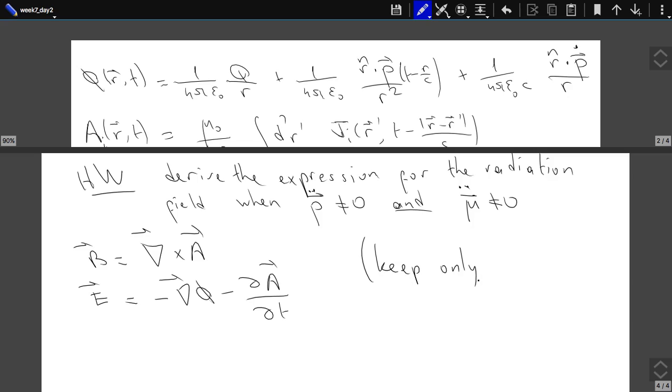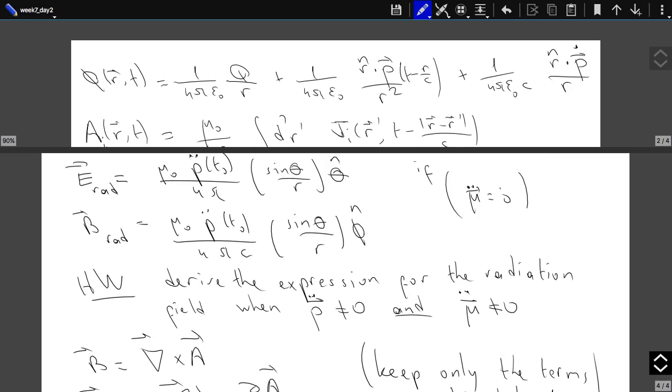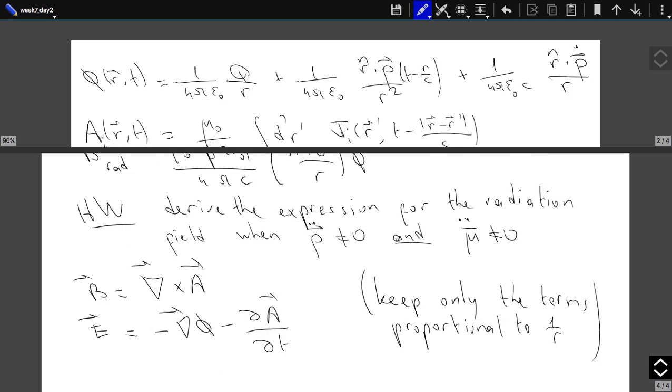Keep only the terms proportional to 1 over r. So this will simplify your life. And if you have a 1 over r squared term, just throw it away.